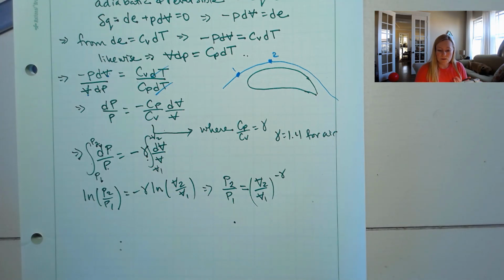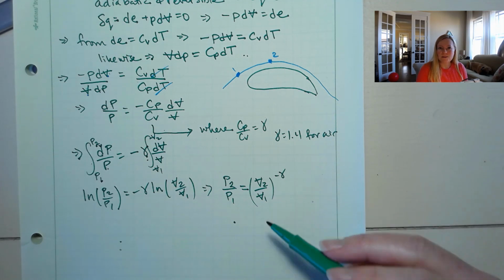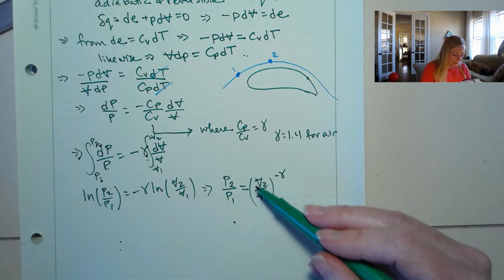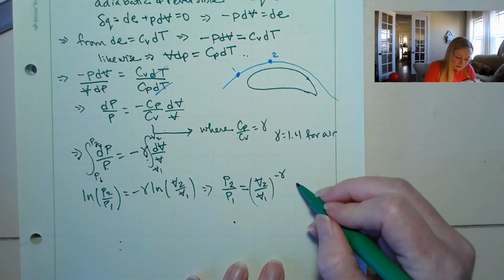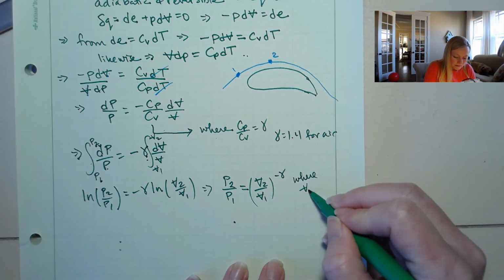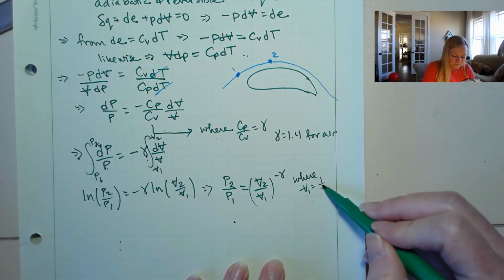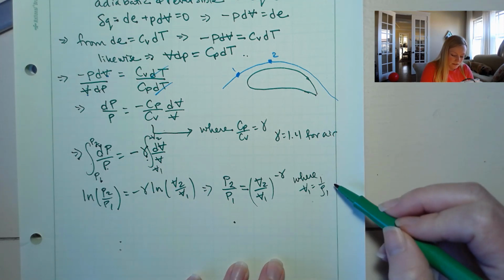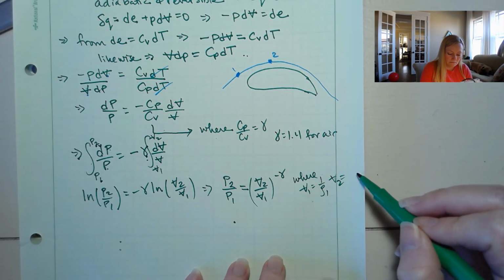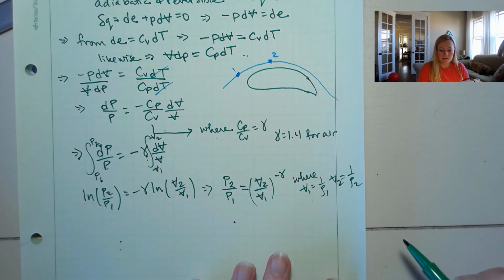Now a lot of the time we don't want to use volume in here, we want to use density. So we can relate density and volume using these equations. We'll just say 1 over density for V1, and the same thing for point 2.